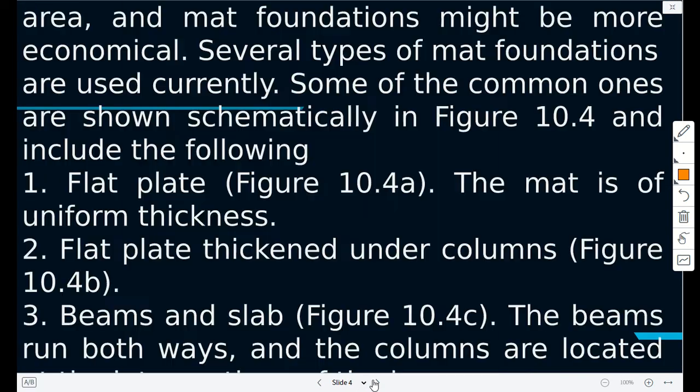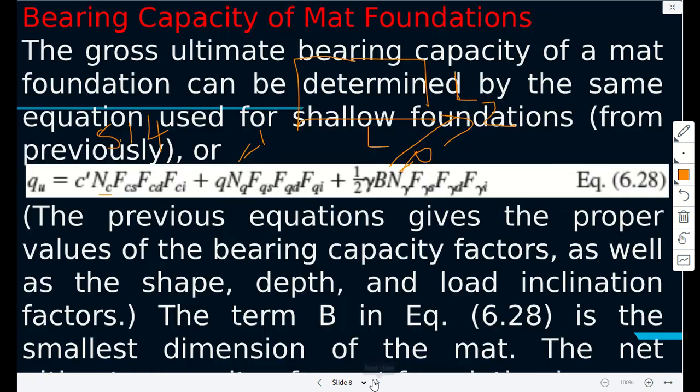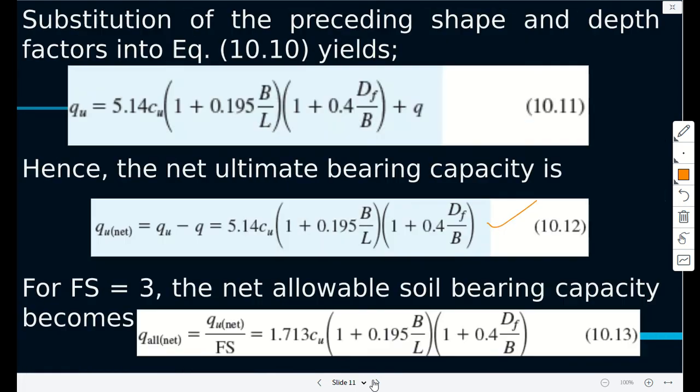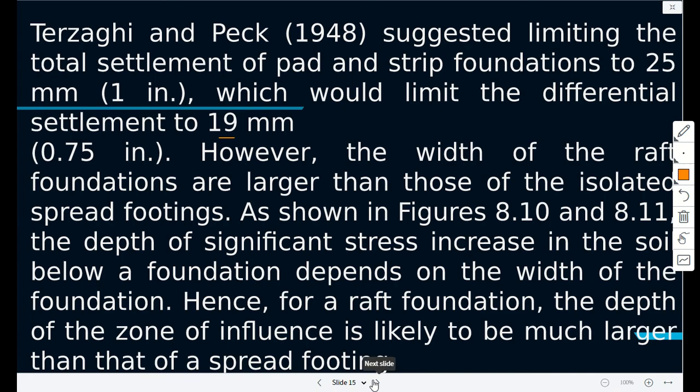I think in the notes that I already gave you, there's a figure 8.1. But anyway, the mat foundation we've already said is of a large area.